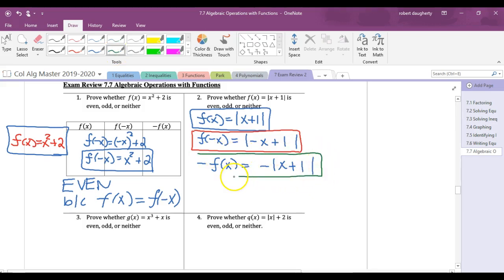I look at this and none of these things are identical. So in this case, this function is neither even nor odd, because f of x does not equal f of negative x, and that is not equal to negative f of x. Nothing is equal.